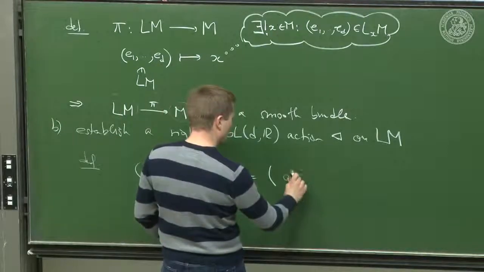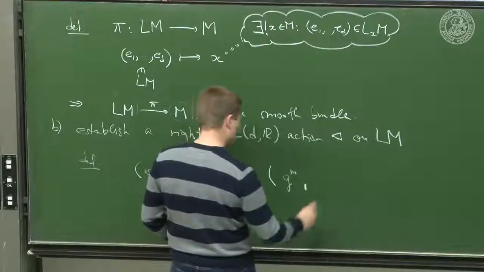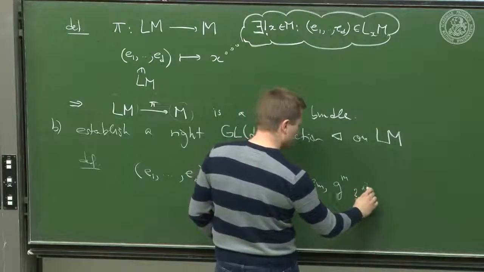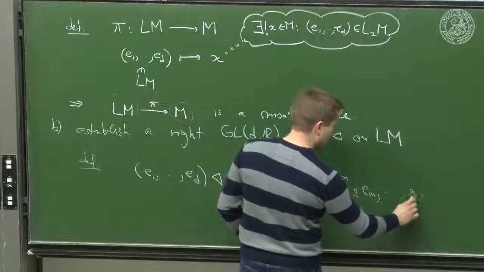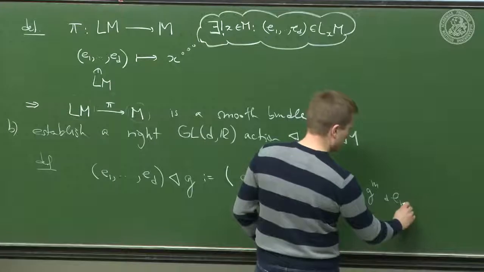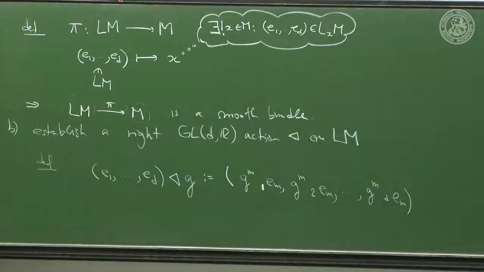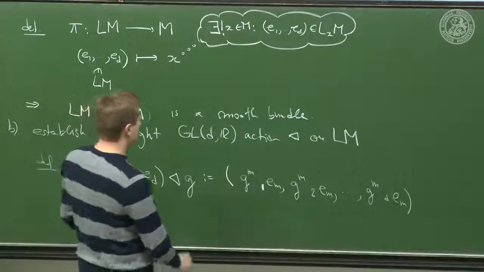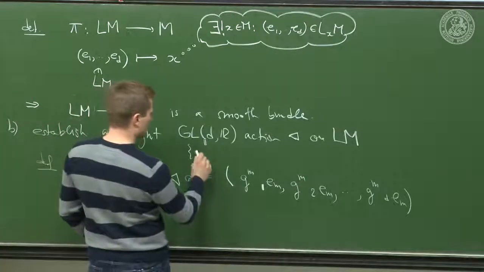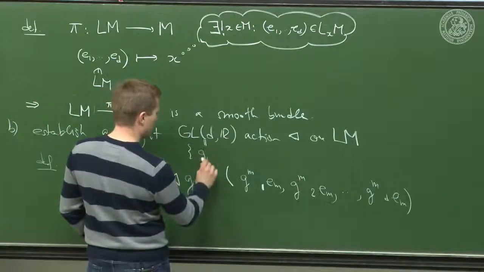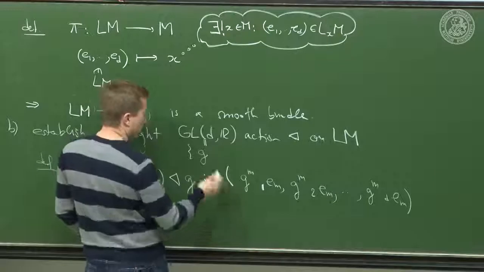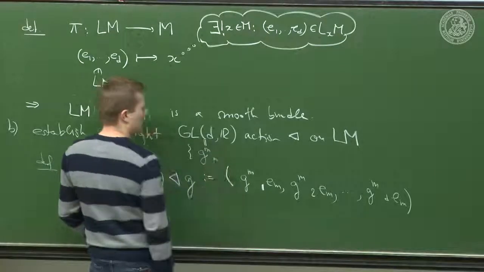g^m_1 E_m, g^m_2 E_m, and so on up to g^m_D E_m, where D is the dimension. Okay, what are these g^m_1, g^m_2, and so on? GL(D) is all the endomorphisms from R^D to R^D, which in this case, for simplicity, but this is perfectly fine, we already represent by their matrices.